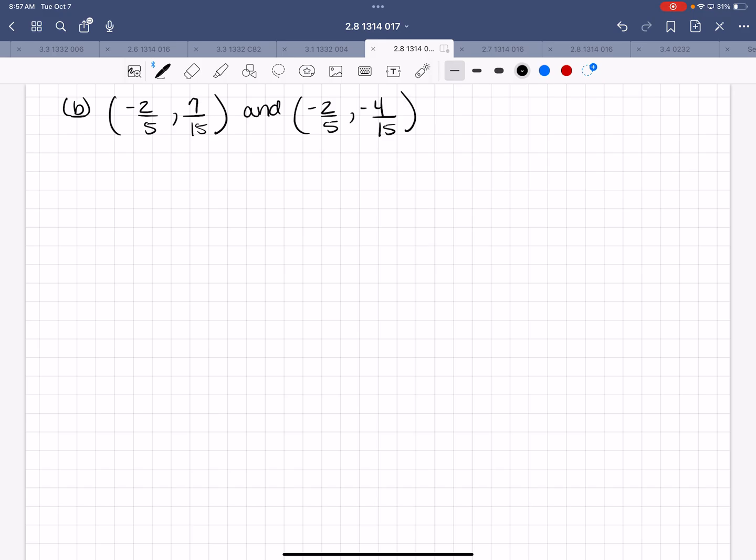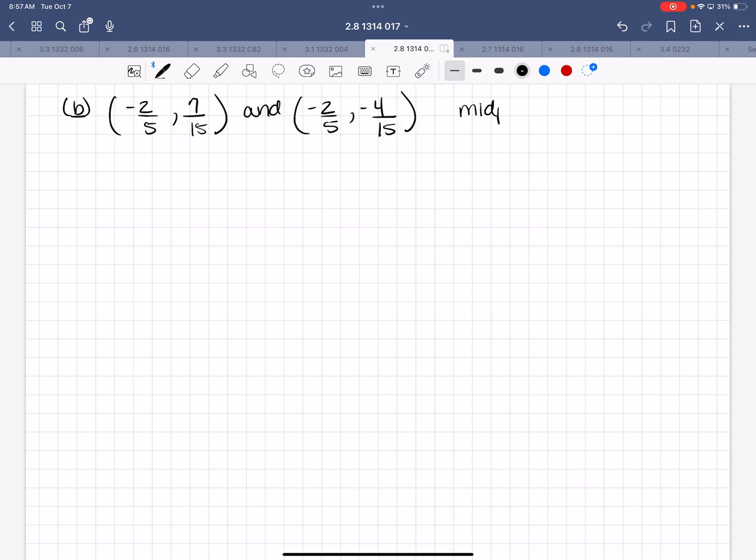Some of you can tell in your head what kind of line this is. Where did we go each time? What's our x each time? -2/5. And if x is the same each time, then I'm going to get a vertical line.